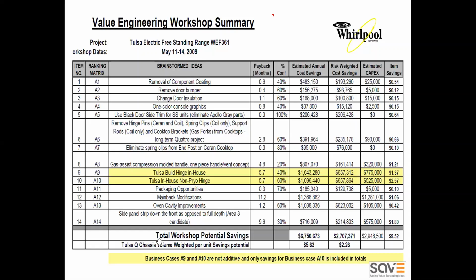So the total workshop potential savings out of this value engineering, for the refrigeration company Whirlpool, is that they are able to achieve 6 crore 75 lakh. They are going to save this out of this value engineering workshop or the value engineering projects.